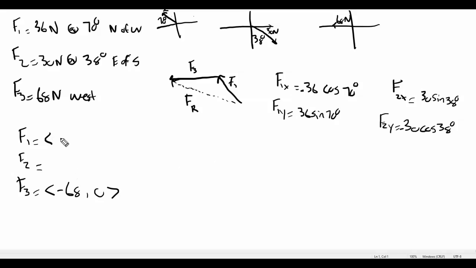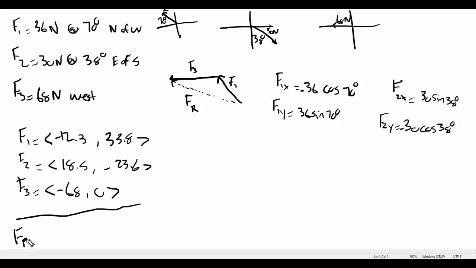F1, we get negative 12.3, comma 33.8 newtons. And then F2, we end up with a positive x component, so that would be, let's see, 30 sine 38, which is 18.5, comma negative 23.6.